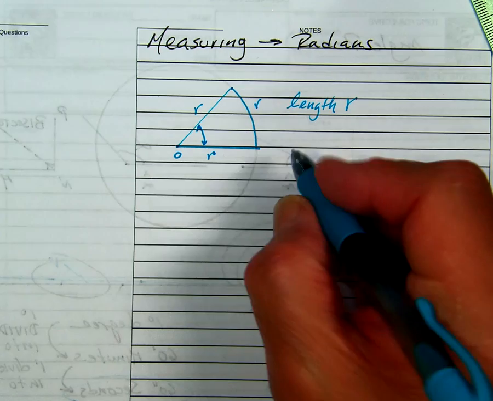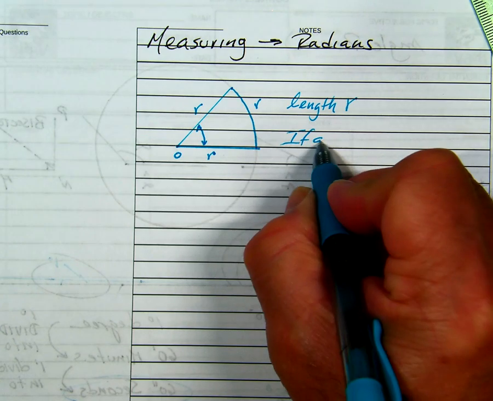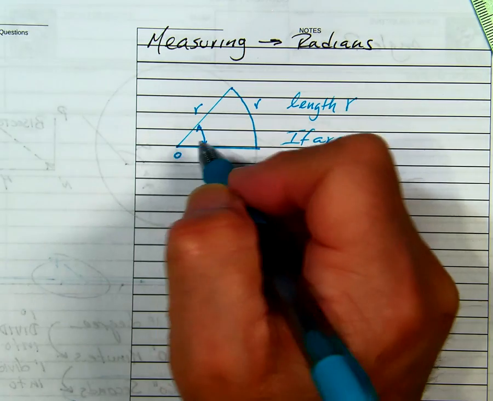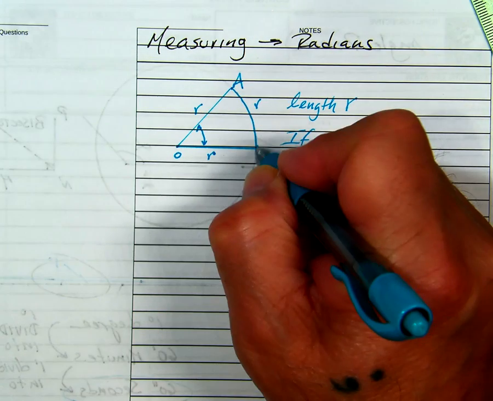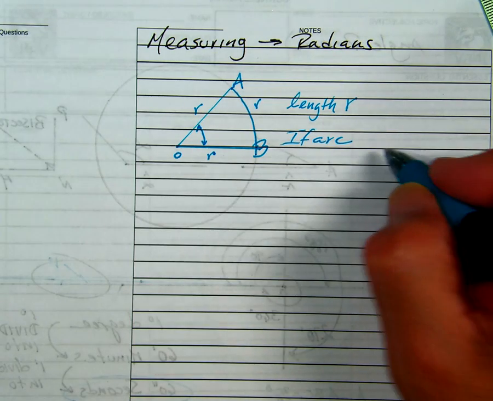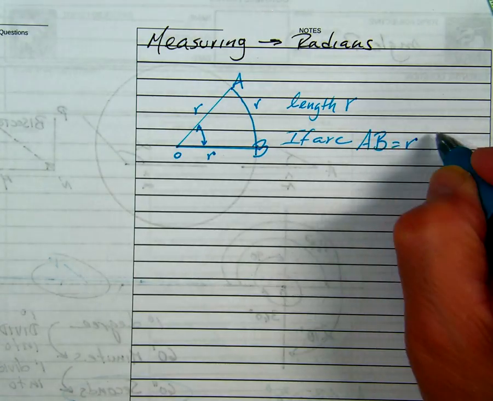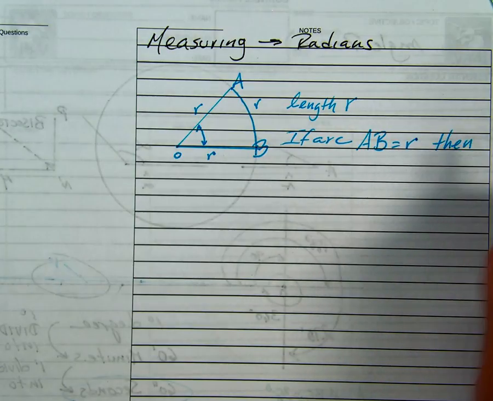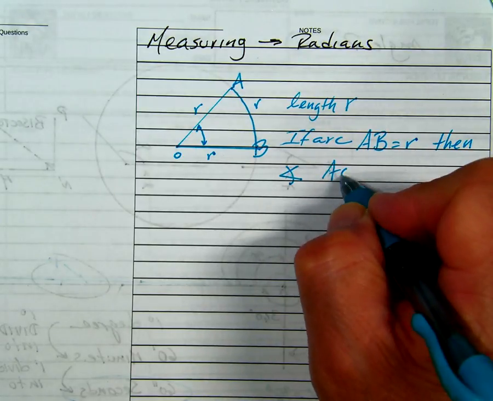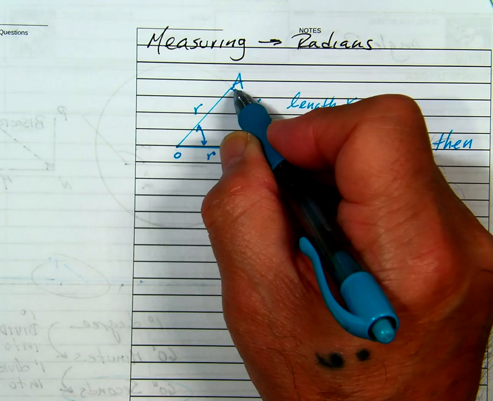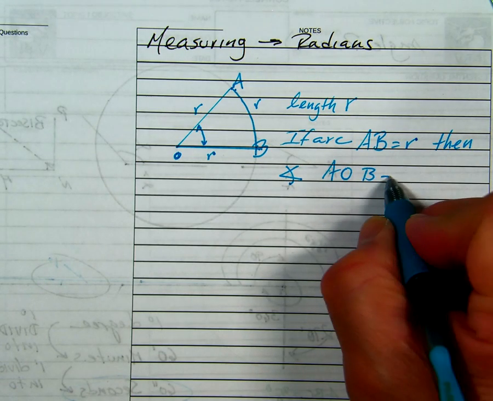So basically the definition is if arc, and I'm going to call it A and B, if arc AB is equal to the same length as the radius, then angle AOB is equal to 1 radian.